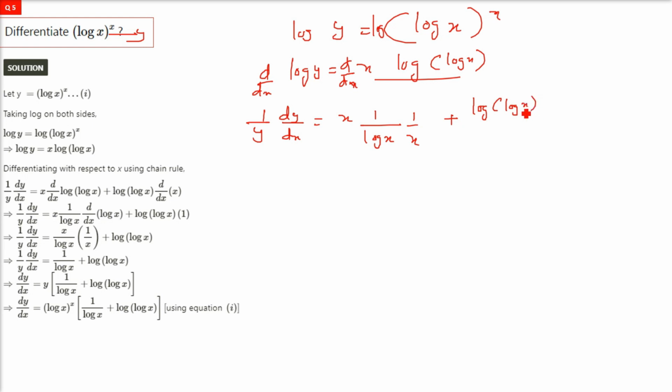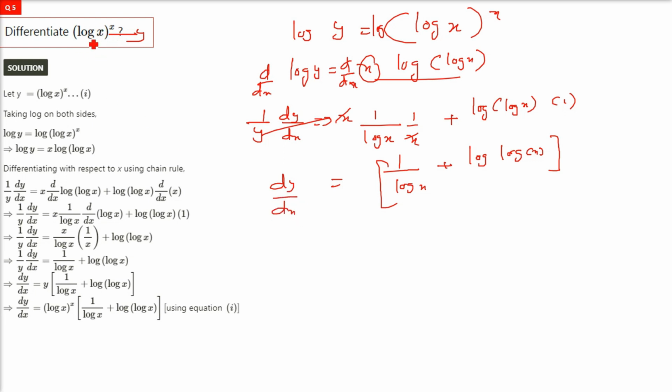And differentiation of d by dx of x is 1 only, so I'm not writing it, it is 1. Then we can cancel these two. We'll only get 1 by log x, and here we have the other term as log of log x. And y we have to bring on the right hand side to finally write the answer. So dy by dx. y was log x to the power x.